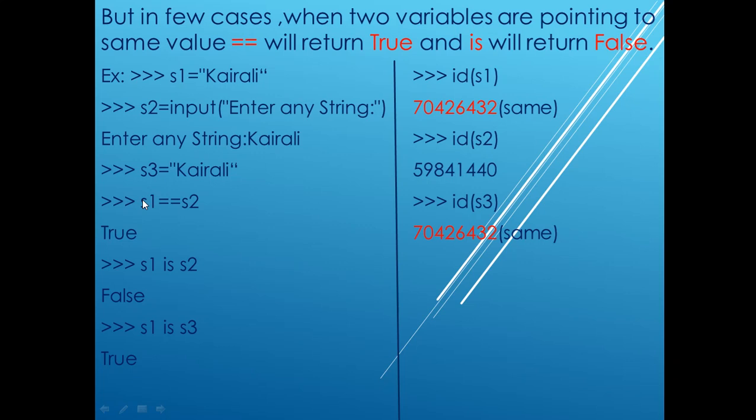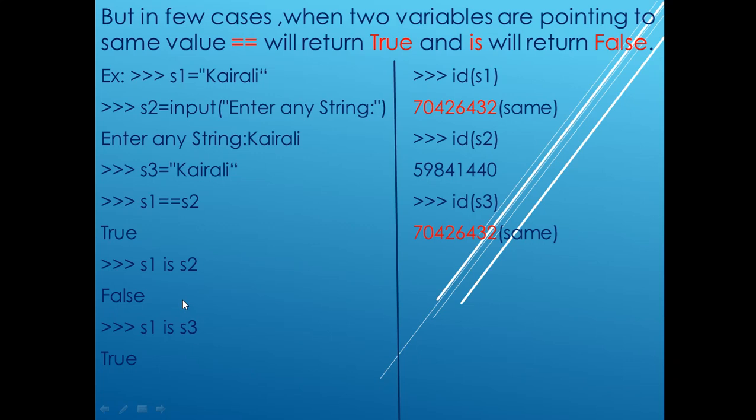And the statement I have written is S1 equal to S2. So the value of S1 is Kerali, the value of S2 is also Kerali. So both are the same, so it will return true. No problem for the equal to operator. But as soon as I write S1 is S2, S1 is Kerali and S2 is also Kerali, but in this case you will see the value returns as false.